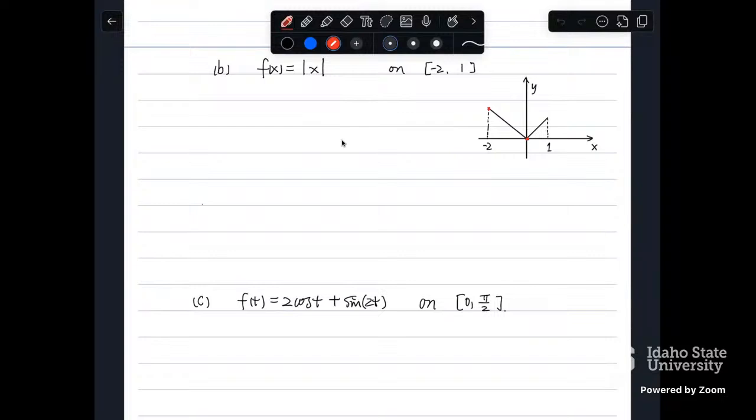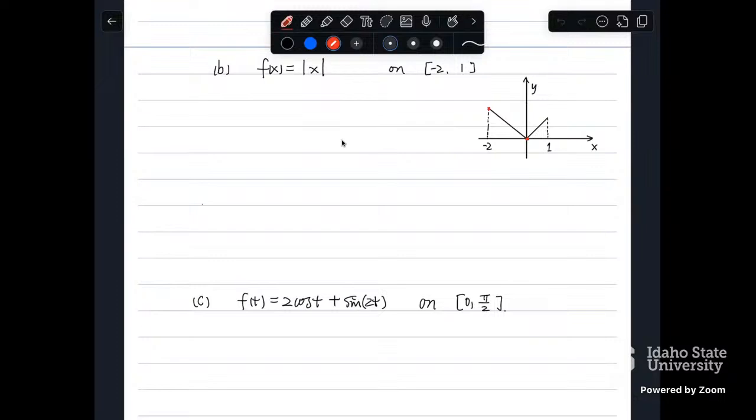In this case, the maximum value is what? 2, right? The maximum value means the y value. So you can easily see this is 2, and the minimum value is 0.